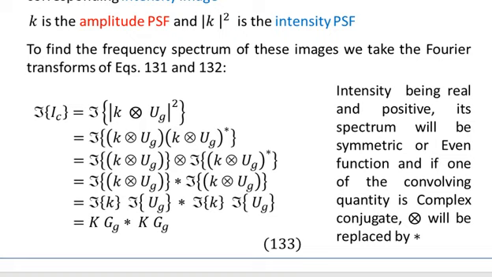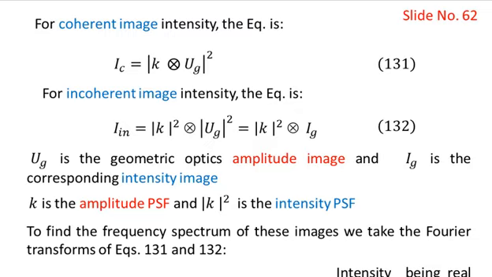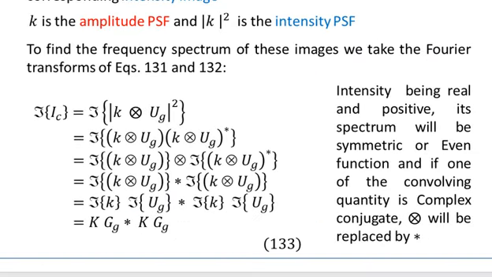So you see that in equation number 131 we are going to take the Fourier transform of both sides. We have taken the Fourier transform of the absolute square. The absolute square can be written as the quantity multiplied by its complex conjugate, and you know that the Fourier transform of these two products, as in step 3, will be equal to the Fourier transform of the first quantity convolved with the Fourier transform of the second quantity.